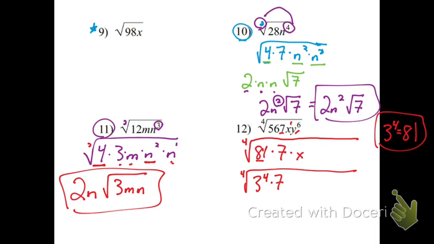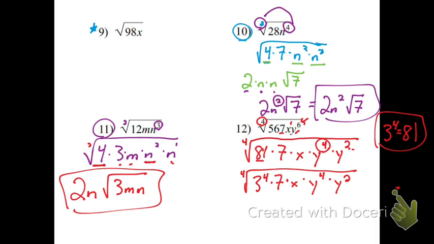But this y to the 6th, we can break that down. Now, 6 is the same thing as 5 plus 1, 4 plus 2, 3 plus 3, 2 plus 4, 1 plus 5. So I'm going to break this down to y to the 4th and y squared. Y to the 4th, because 4 is going to work with that. So now I'm just going to recopy everything, make sure everything is in order. And I had to have this 2 there because 4 plus 2 gives me 6. That's what I needed.